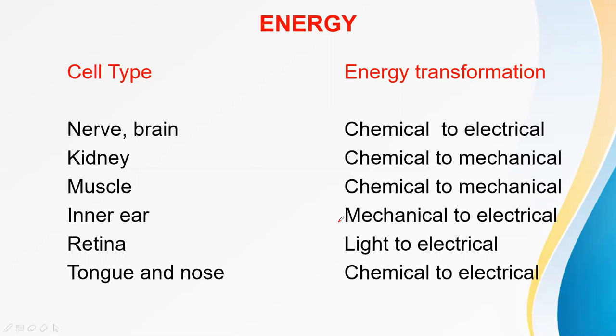In muscles, also chemical energy is transformed into mechanical. In the inner ear, mechanical energy is transformed into electrical. The retina is a part of the eye, so light energy is transformed into electrical. In the tongue and nose, chemical energy is transformed into electrical.